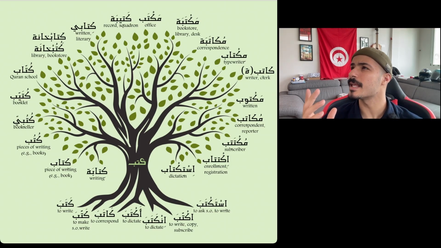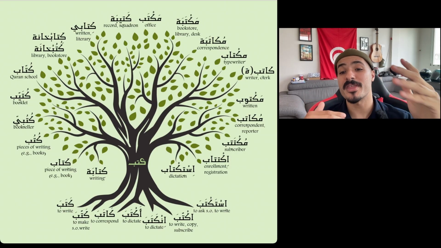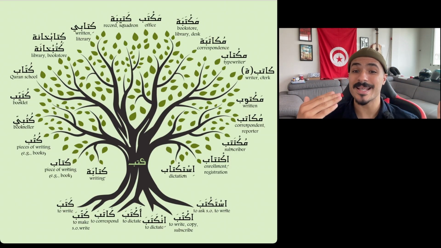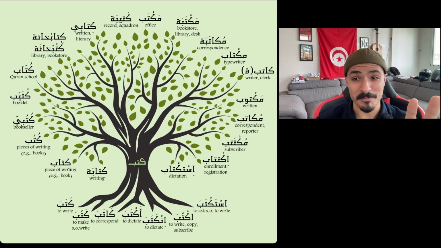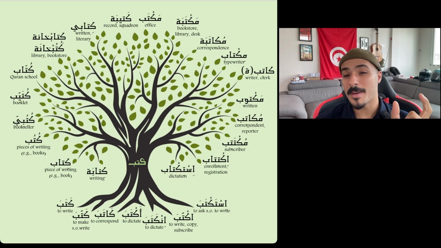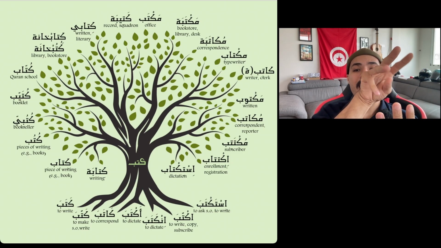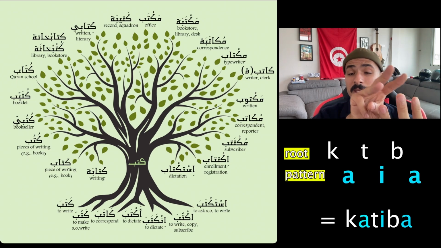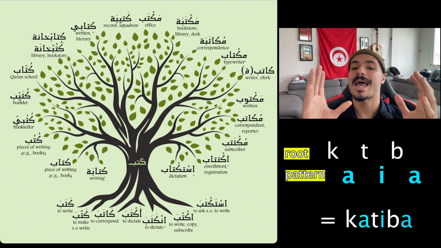اكتتاب. Oh, اكتتاب, that's something related to the word كتب. And from there, you can try to guess through the pattern of the word, because these patterns are not random. These patterns have meanings. Every pattern in Arabic, when you find the three consonants and you find the pattern in between the letters, like a prefix, infix, a suffix, that pattern has a meaning.